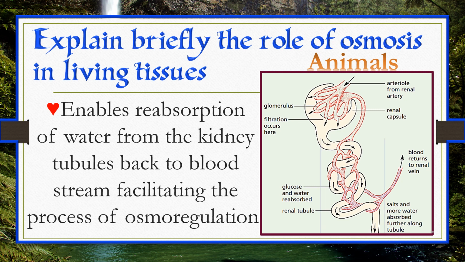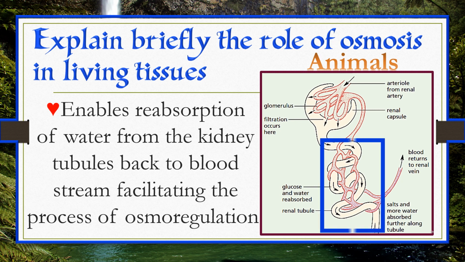In the proximal convoluted tubule, glucose and water are going to be reabsorbed from the kidney tubules back into the bloodstream, and that is going to be by a process of osmosis.